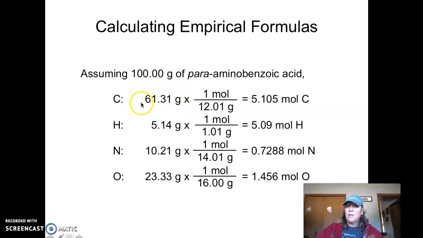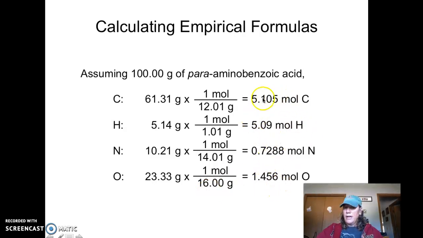So I'm going to take that amount they gave us and divide by 12. This is its mass from the periodic table, and this tells me how many moles I have. So take the percent they give you, divide by their mass from the periodic table, and you'll get a number. You'll do that for all of them. If you just want to use 12 and 1 and 14 and 16, I'm fine with that. You don't have to use 12.01 and all that. It's not a big deal.